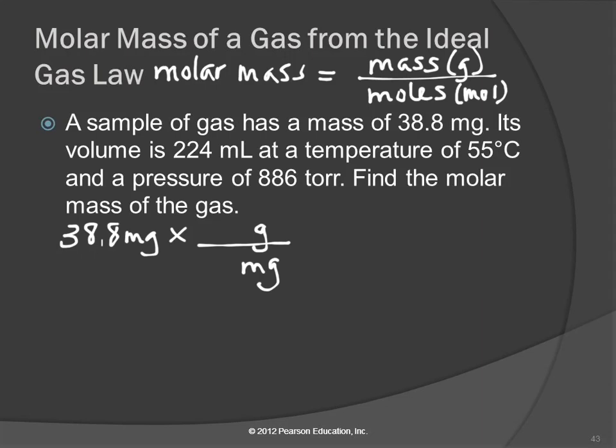Okay, we're still going to be using that. Milligrams are going to cancel. Then we ask ourselves, what does milli mean? 10 to the minus 3. So milli's on the bottom. We want to write what it means on the top. 10 to the minus third. To do that in your calculator, it's 1 times 10 to the minus third. So we do the math and we come up with 0.0388 grams.